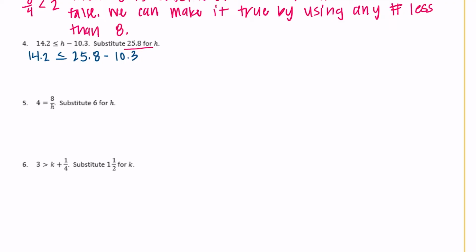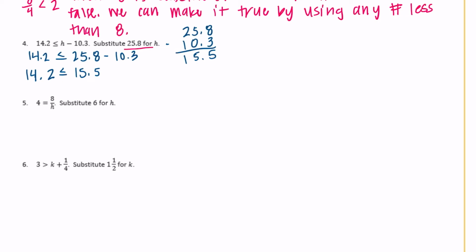So first we need to figure out what that is. Let's do 25 8/10 minus 10 3/10. We get 15 5/10. So this statement would be saying 14 2/10 is less than or equal to 15 5/10, which is true.